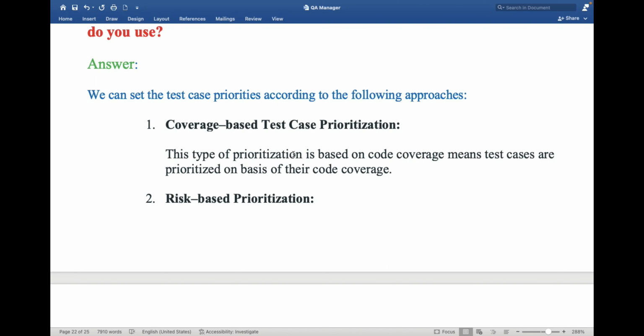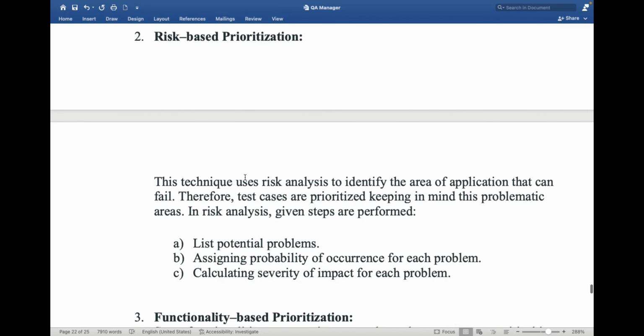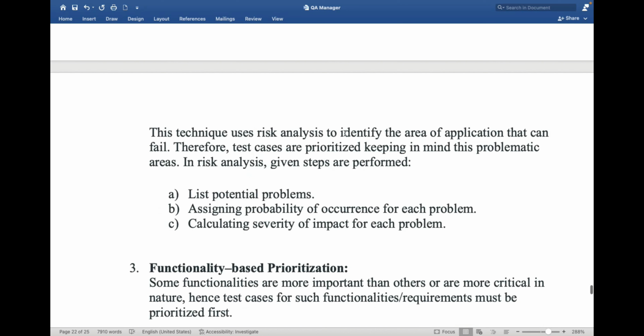Friends, this type of prioritization is based on code coverage, means test cases are prioritized on the basis of their code coverage. Second, risk-based prioritization. Friends, this technique uses risk analysis to identify the areas of the application that can fail. Therefore, test cases are prioritized keeping in mind these problematic areas.